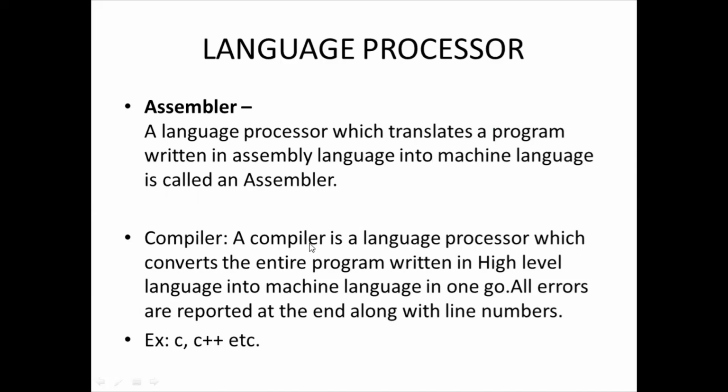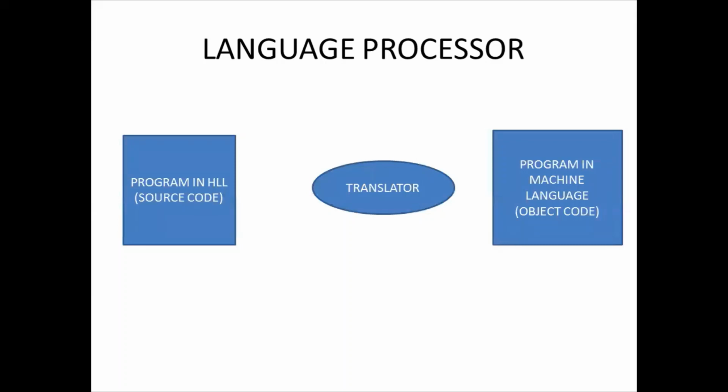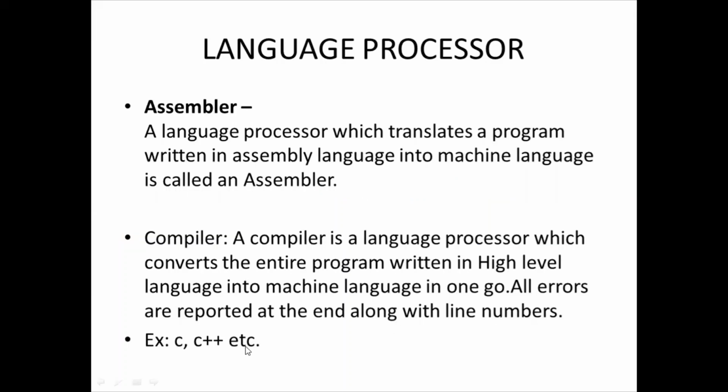If any errors are there, they will be given to us at the end, along with the line number, so we know in which line the error is. Examples are C and C++. Once the errors are there, we have to rectify the error and compile again for the translation.